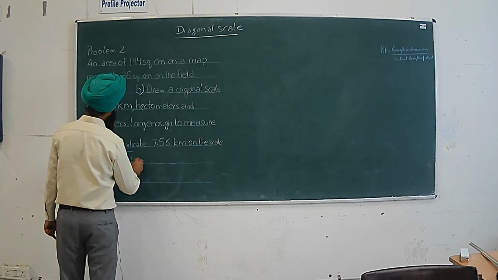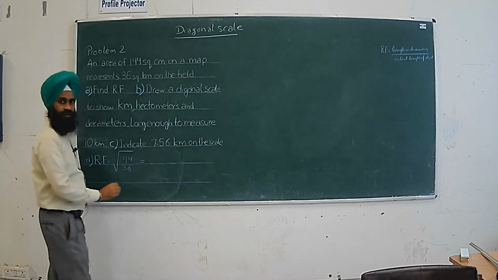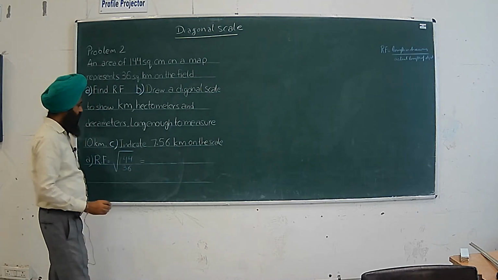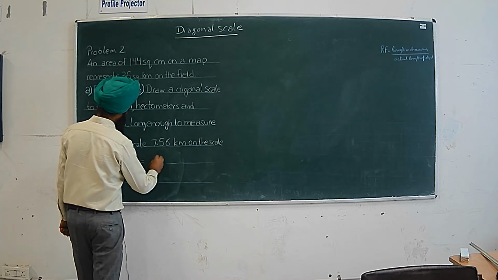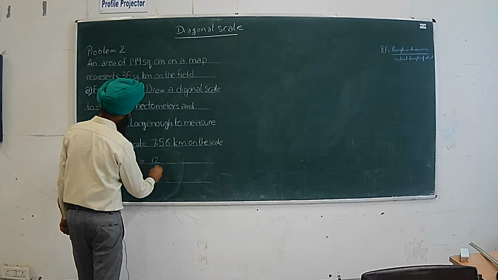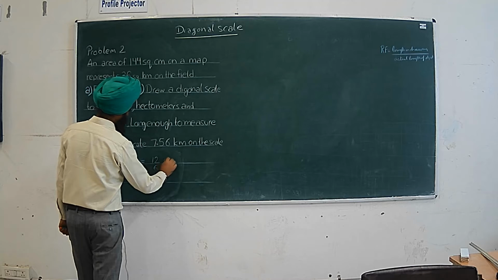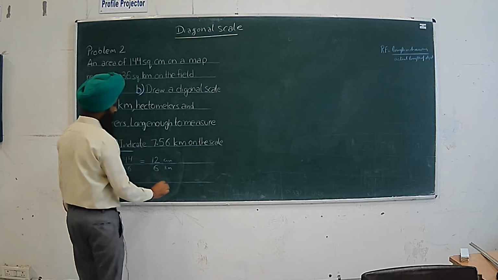So this is square centimeter and this is square kilometers. So we will convert the units afterwards. It comes out to be 12 upon 6. So 12 is our centimeter, 6 is our kilometer.